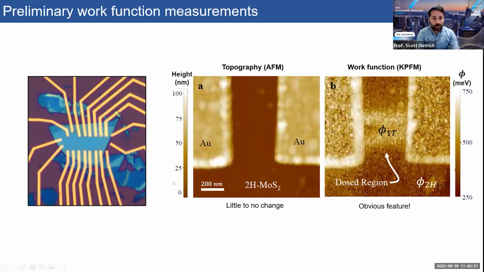And pretty quickly we learned of Kelvin probe force microscopy, and we were interested in observing the work function change in this material. You can see the results here, where you can see our gold contacts and the 2H MoS2.